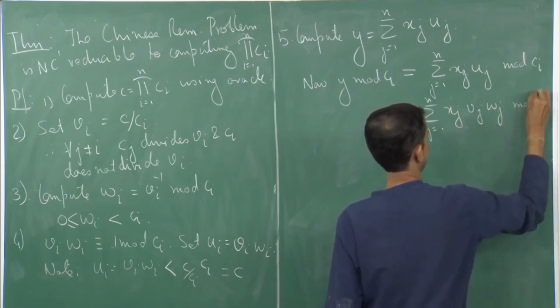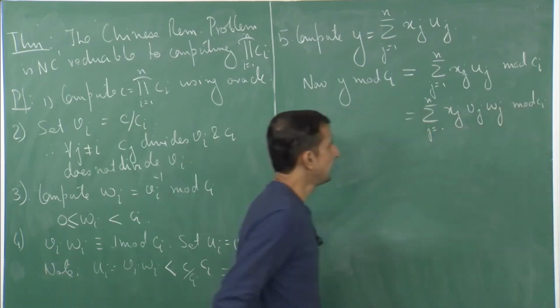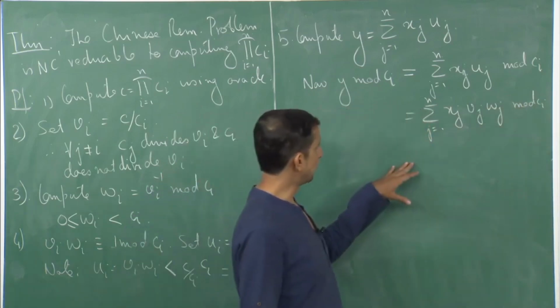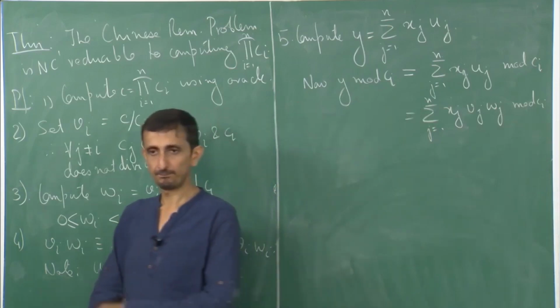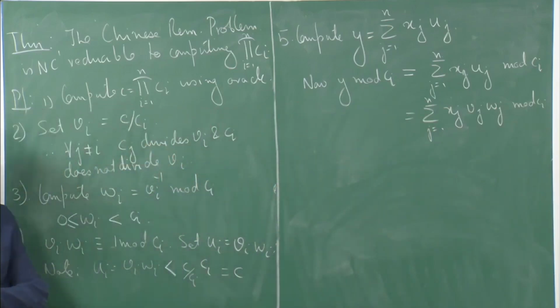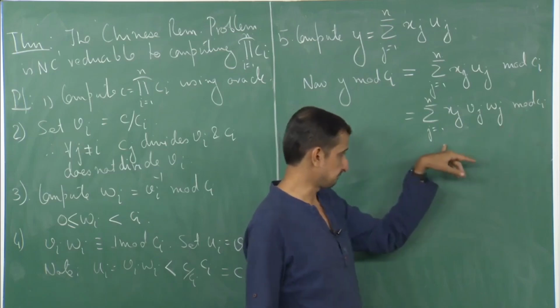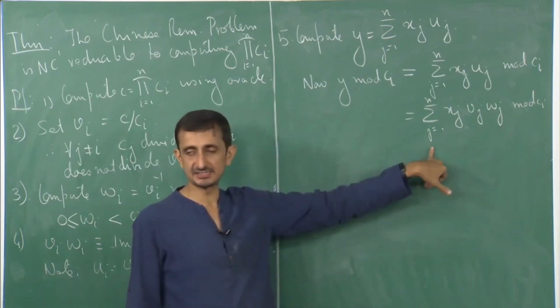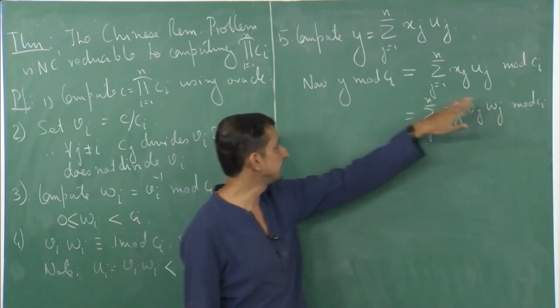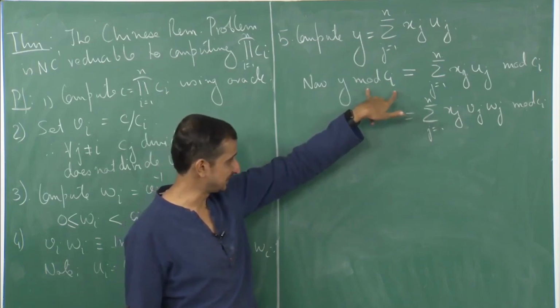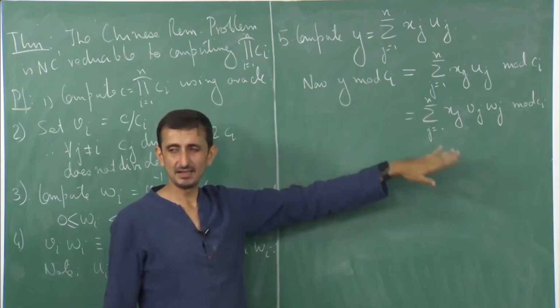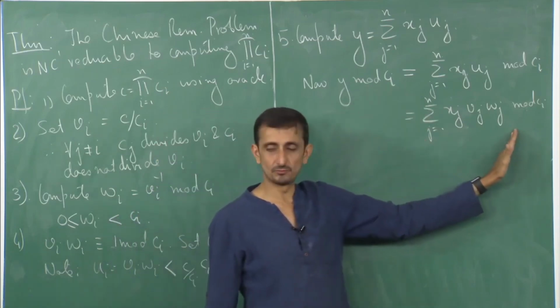Vj Wj mod Ci. Now what can you say about this sum? What are all the terms? Okay, so here, purposefully I have used a different index j over here because i is the one with respect to which I am taking the modulus, and I have all these terms over here.